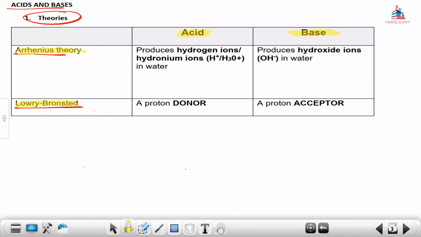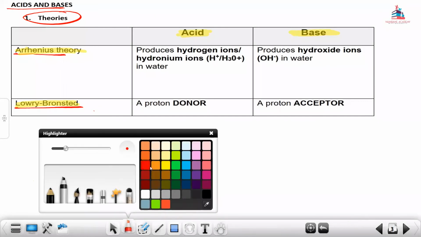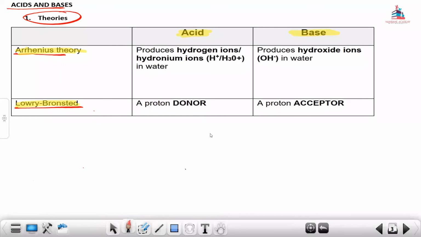Arrhenius' model or theory says an acid is a substance that produces hydrogen ions or hydronium ions in water, and further says a base is a substance that produces hydroxide ions in water.